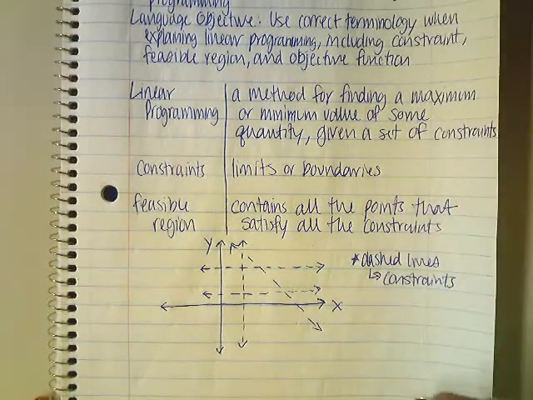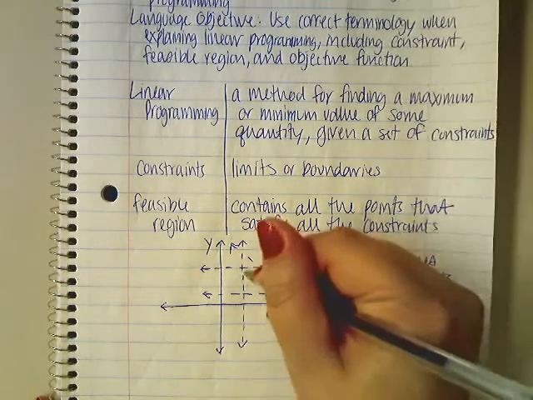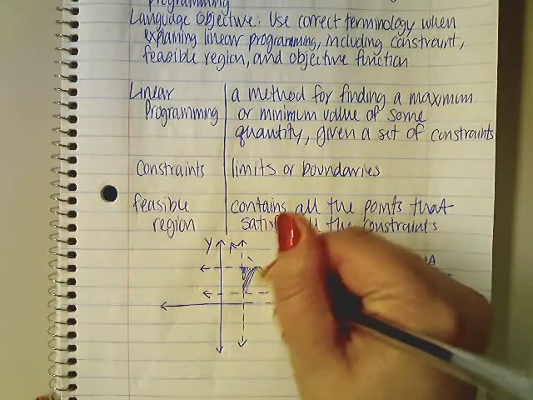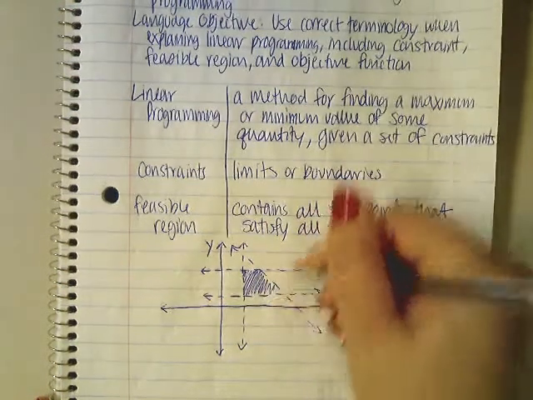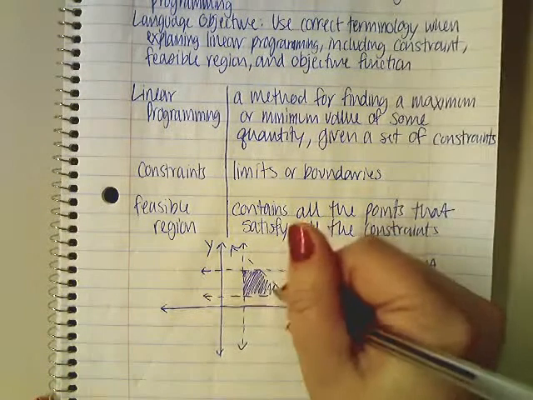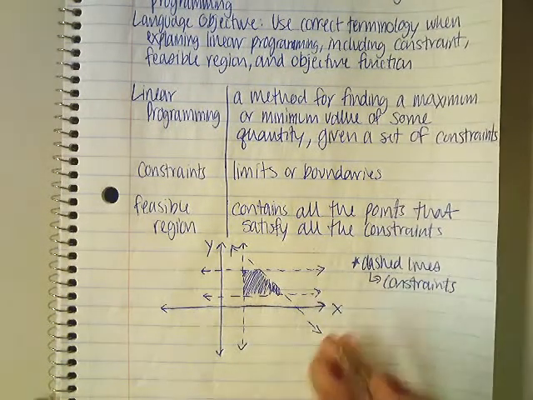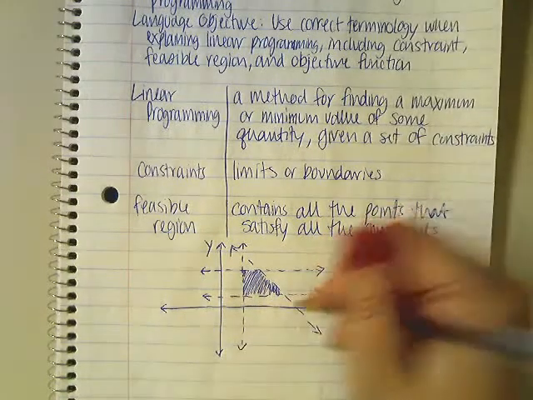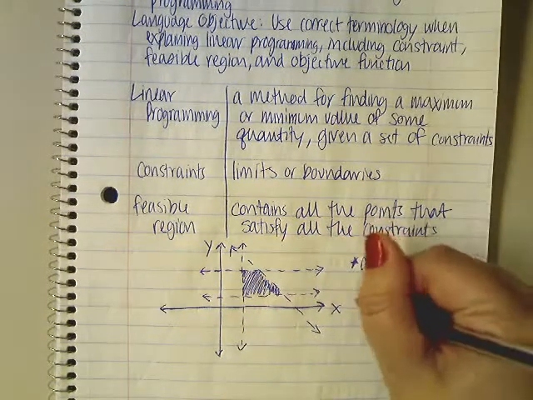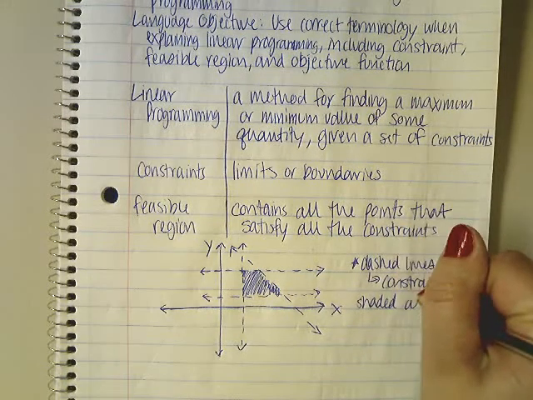The feasible region would be the shaded area. So if it was less than that and greater than this and less than that and greater than that, it would all go like this. So the shaded area in this situation is going to be the feasible region.